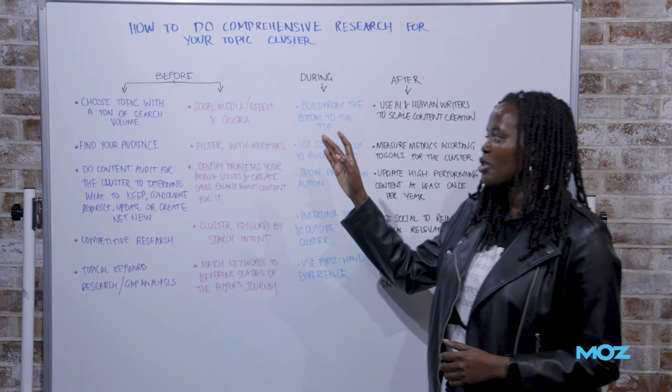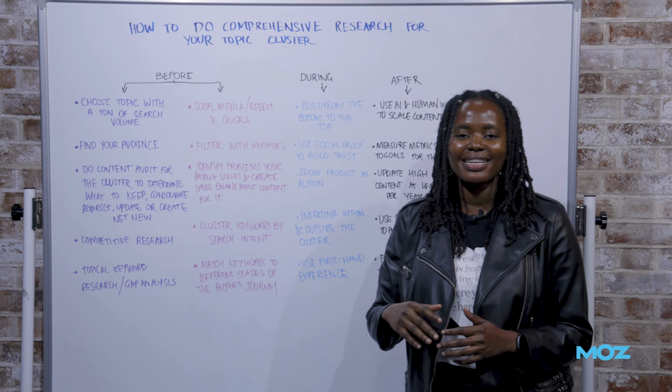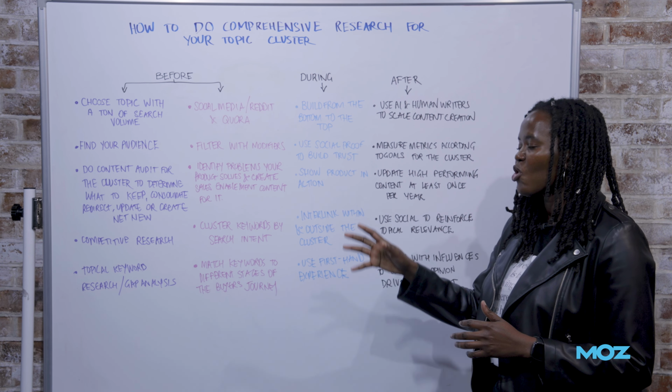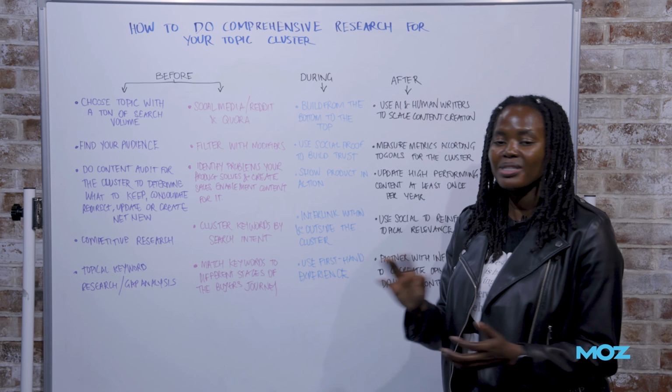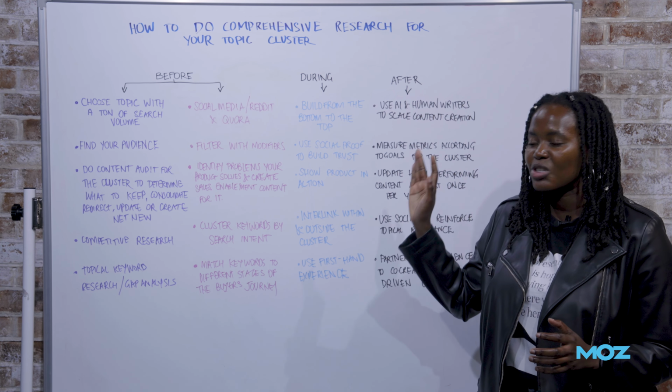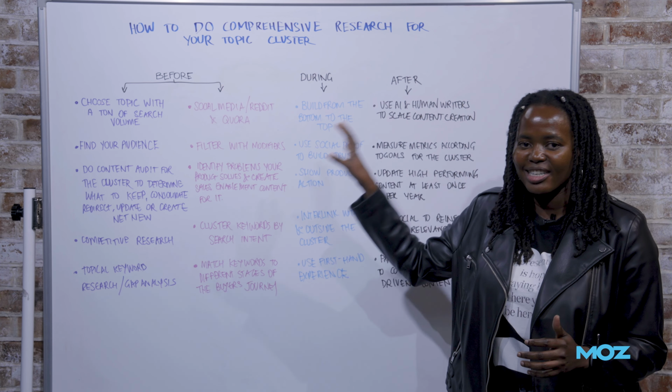The first step is to choose a topic with a ton of search volume. Now, I've worked with clients in the SaaS business who were building products that nobody was searching for. So the most important thing we're going to do here is to make sure that the cluster we're building actually has search volume.